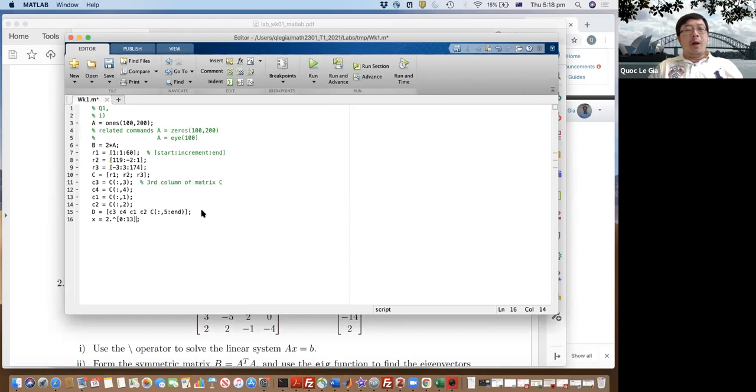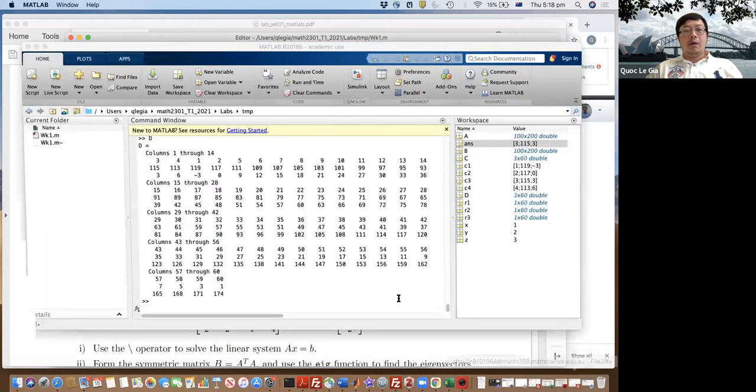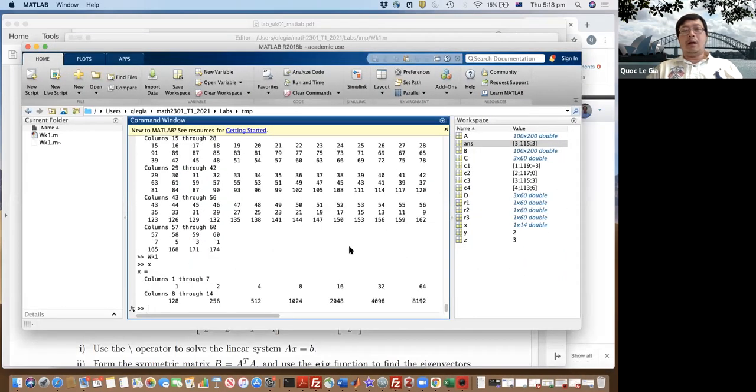And remember the dot here, it just means that it takes each element of the vector. So 2 raised to the power, and the power is each element of the vector from 0 to 13. When we run it, you can see that the vector x is exactly what you expected.